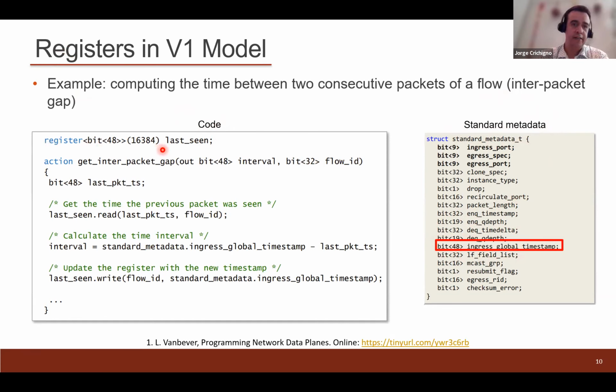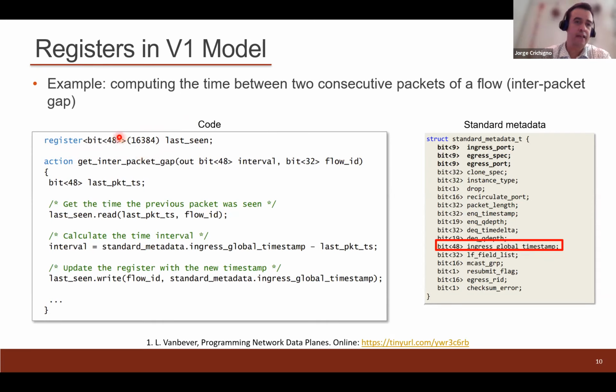First, we declare the register, we instantiate. And this register has 16,384 elements. It's just a number. If we expect fewer than 16K flows, we will have a smaller register.